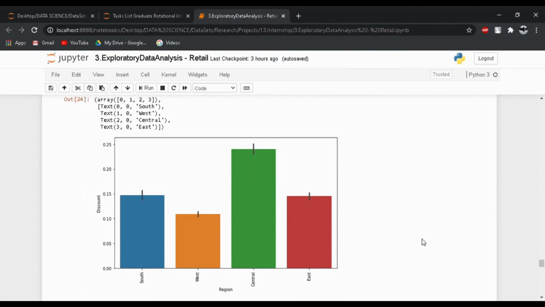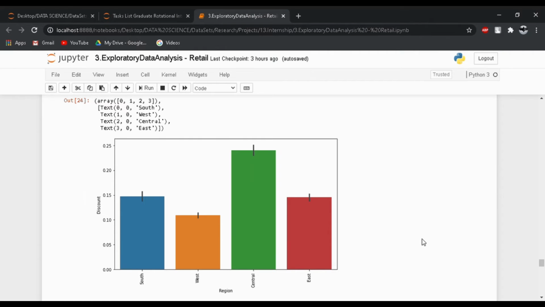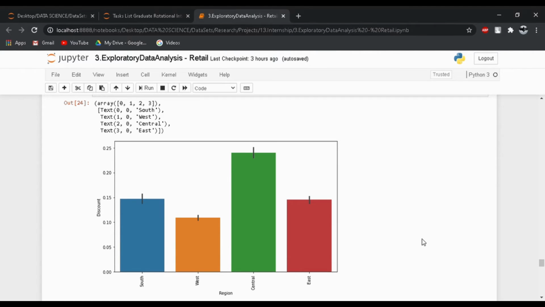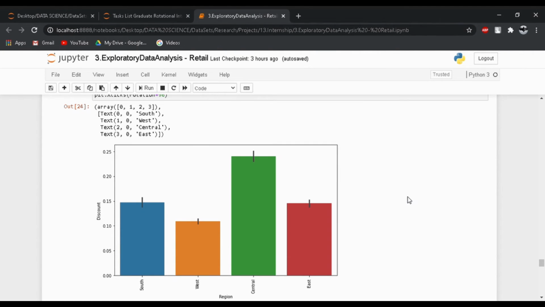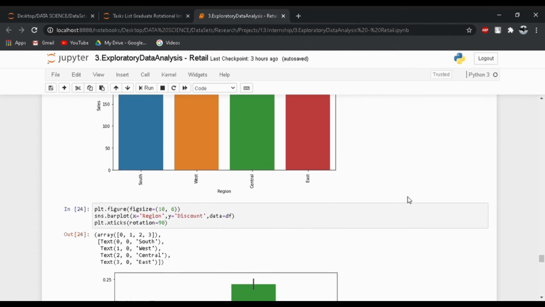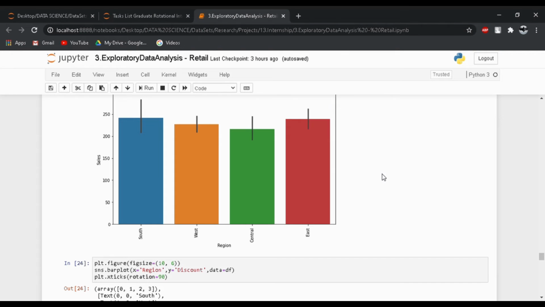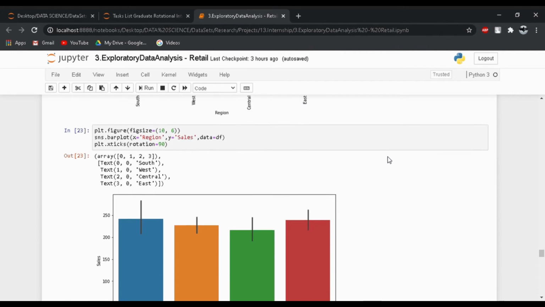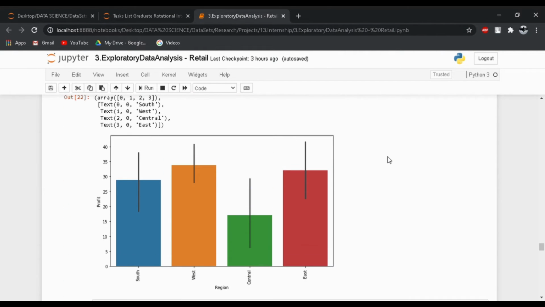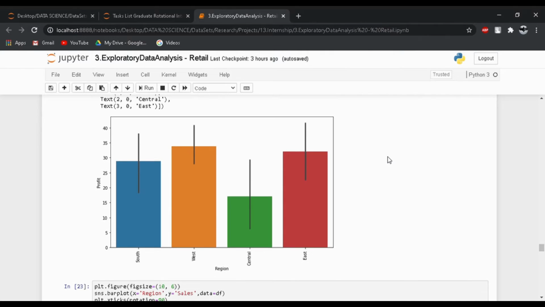And if you want to see which region gave the highest discount, you can see over here that the central region has given the highest discount, and at the same time you can also see that the sales of the central region are low, and the profits of the central region are also low.